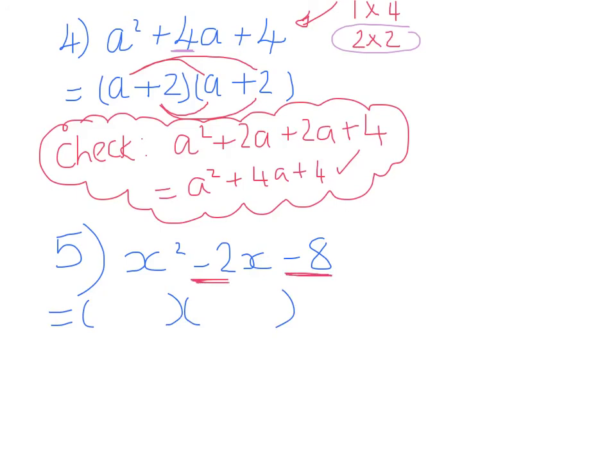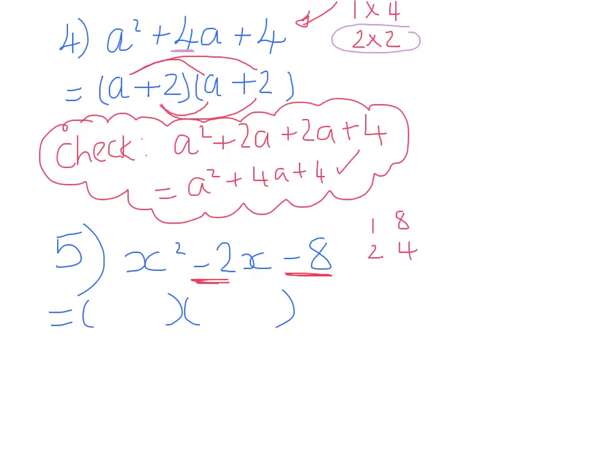So for 8, I'm going to put down 1 and 8, 2 and 4. But in order to get a negative 8, one of these needs to be positive and the other needs to be negative. I need to be able to add them to give me negative 2.